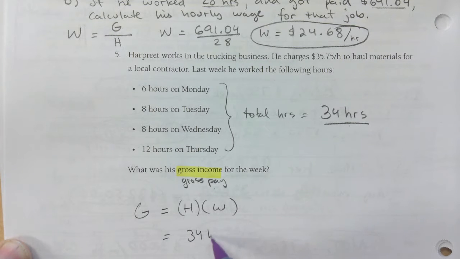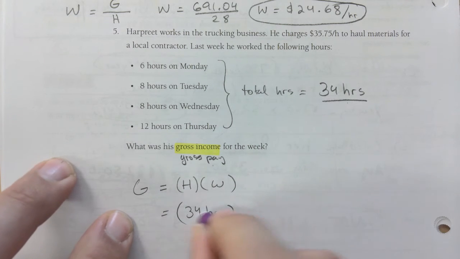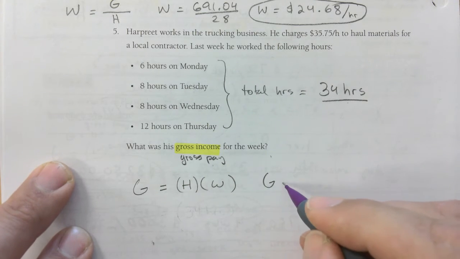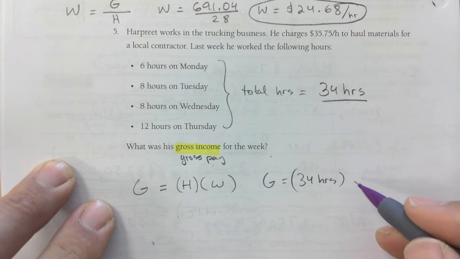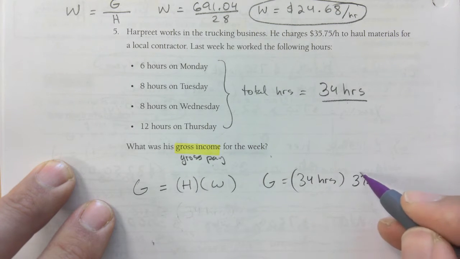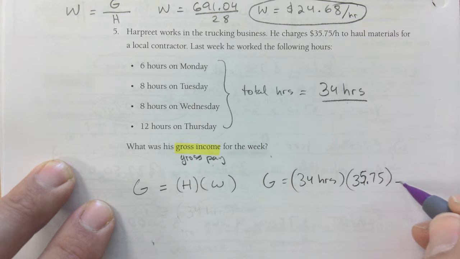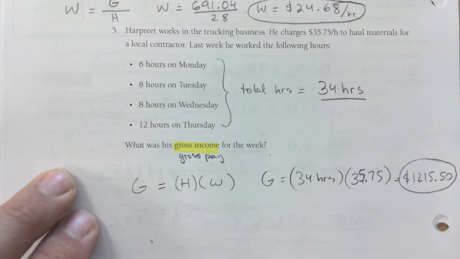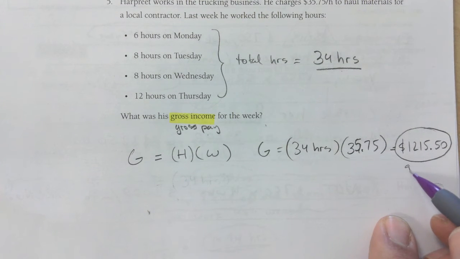You work 34 hours, times 35.75, and that will be 1215.50. So this is the gross pay.